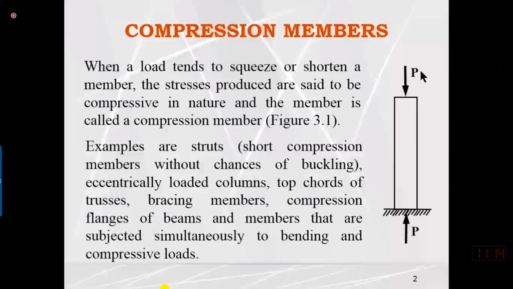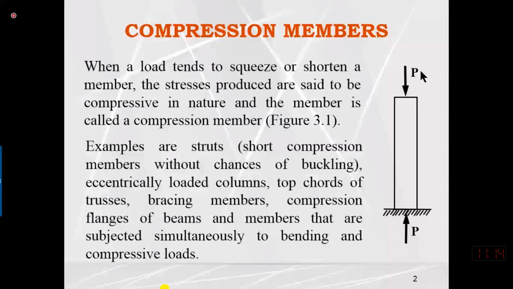This means that the member failed due to out of plane bending within the elastic range, and we still had 150 megapascal reserve capacity, because the material is supposed to fail when the applied stress is equal to 250, but it failed at an applied stress of 100 within the elastic range.